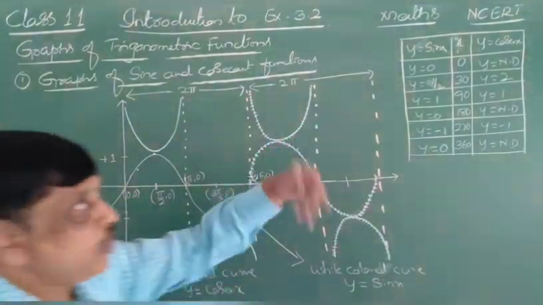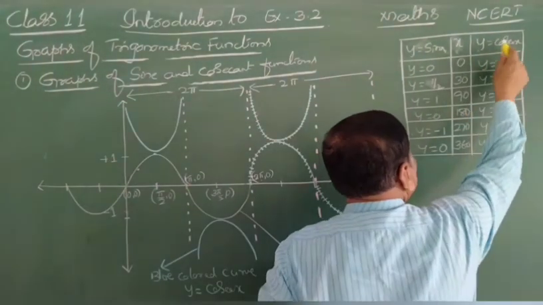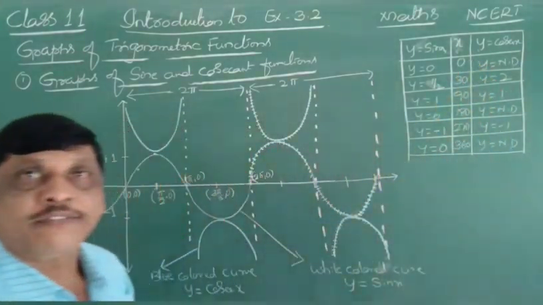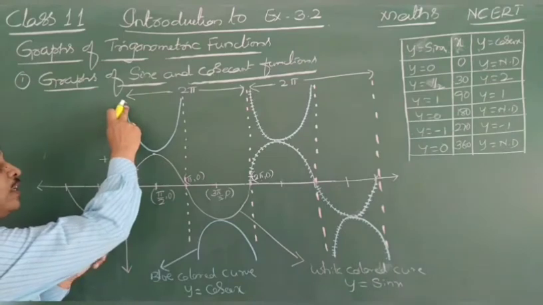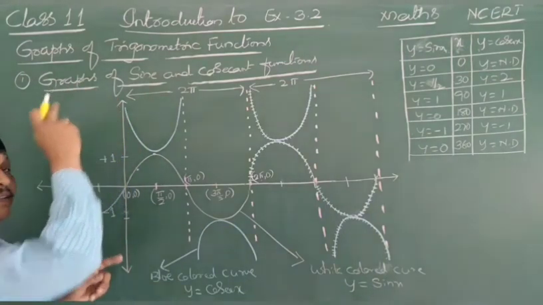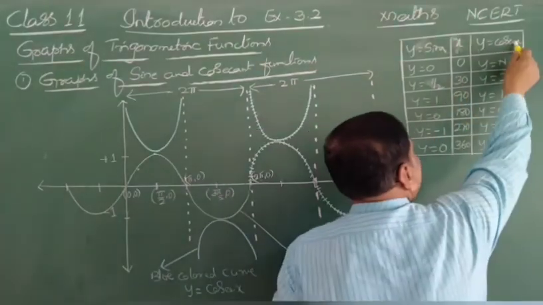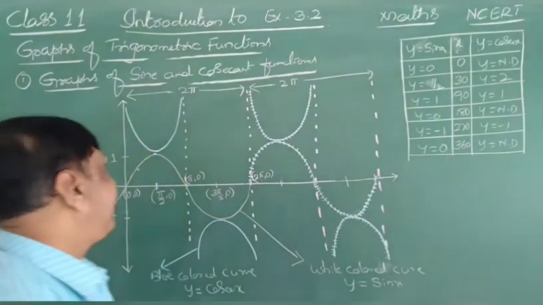Now observe y equals cosecant x. When x is equal to 0, y equals cosecant 0. Cosecant 0 is not defined, in the sense that the cosecant curve has no point on the y axis. When x is equal to 30 degrees, y equals cosecant 30, which is 2.